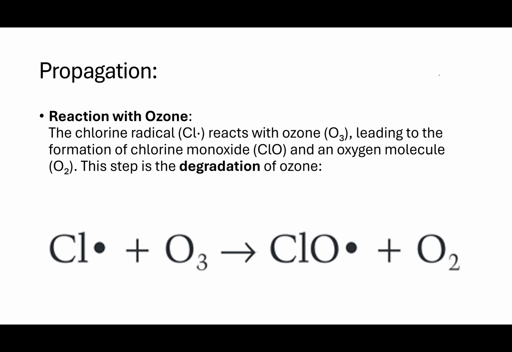For propagation now, we have that chlorine radical produced in the initiation step reacting with ozone. In propagation, we must show the degradation of ozone, so we must show the radical reacting with ozone. So the chlorine radical reacts with ozone, leading to chlorine monoxide and molecular oxygen being produced. That is what's happening there. Clear so far?